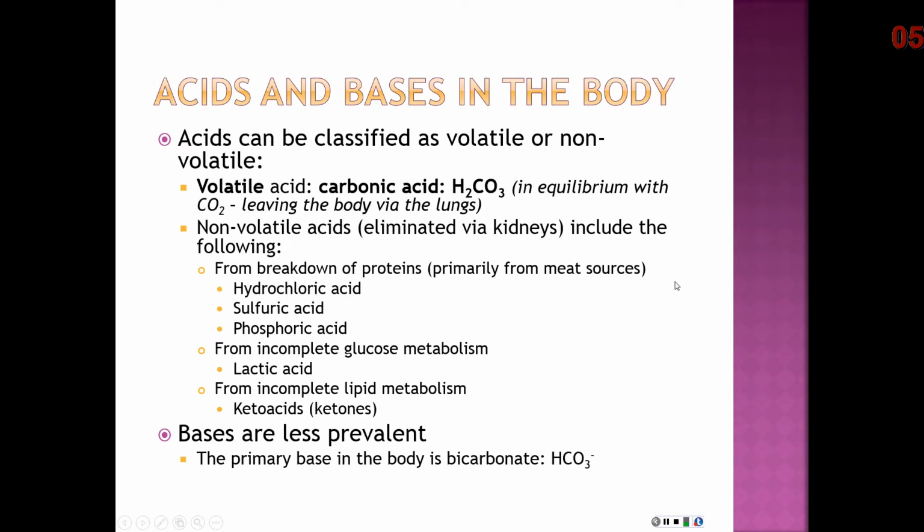All right, so what kind of acids do we have in our body? We can classify acids as volatile or non-volatile. The only truly volatile acid that we have in the body is the weak carbonic acid, and it's volatile because it's actually formed from an equilibrium with carbon dioxide, which is a gas, and that's what makes carbonic acid considered volatile, because it really is linked to the formation with carbon dioxide.